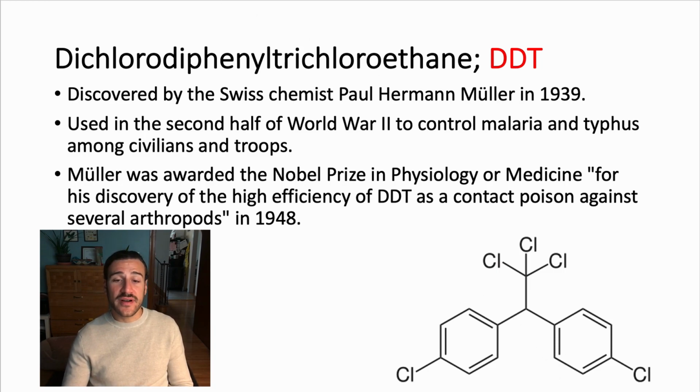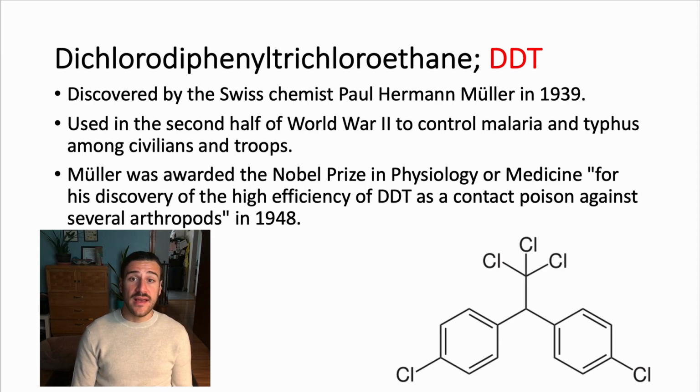It was discovered in 1939 by a Swiss chemist named Paul Hermann Mueller. And it was used in the second half of World War II as a defense against malaria, to control the insects that vector malaria, as well as typhus.